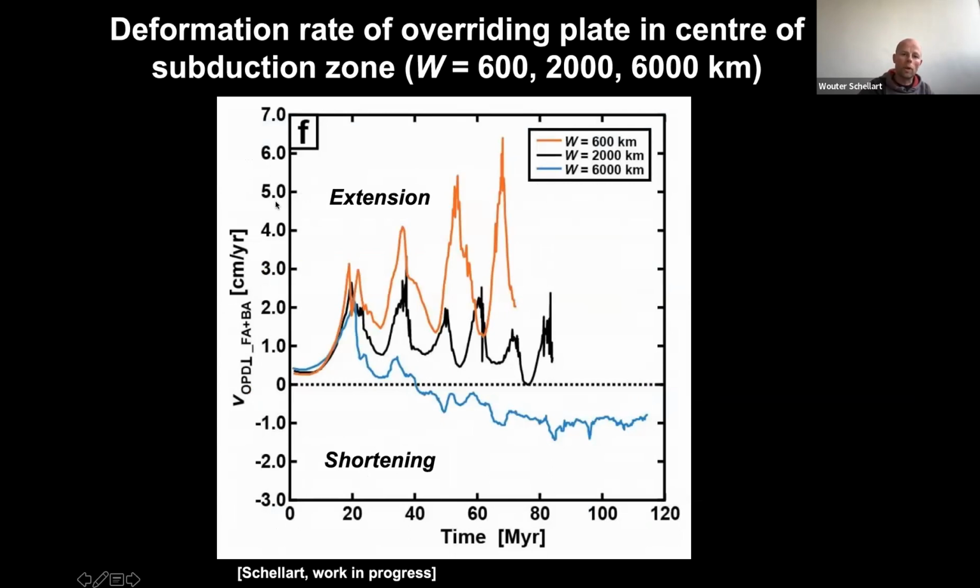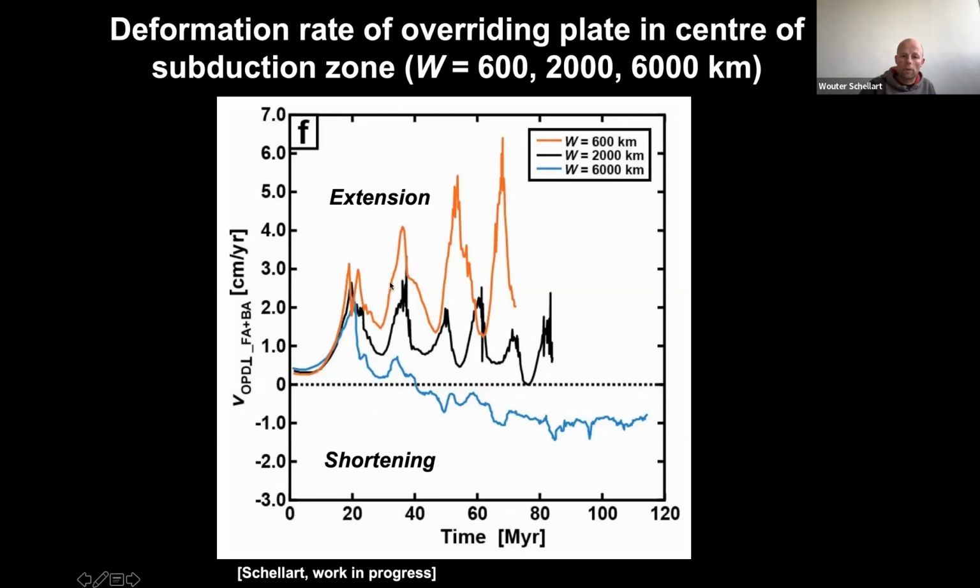And the vertical axis is basically the average overriding plate deformation rate. And then for three models, the orange one is for the narrow subduction zone, so the Scotia-like subduction zone. In blue, it's the wide subduction zone, the South America style subduction zone, and then in black also plotted is an intermediate width subduction zone. So it would be a bit more like the Central America subduction zone, for example, in terms of size.